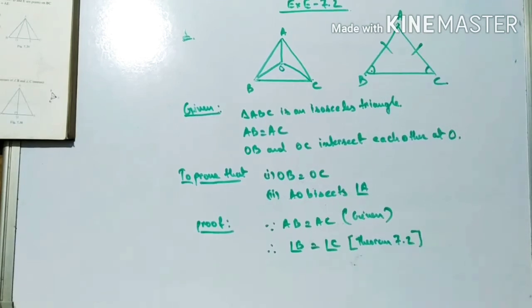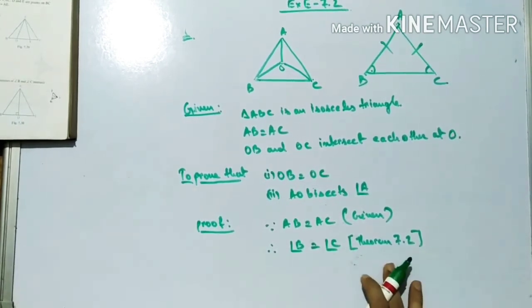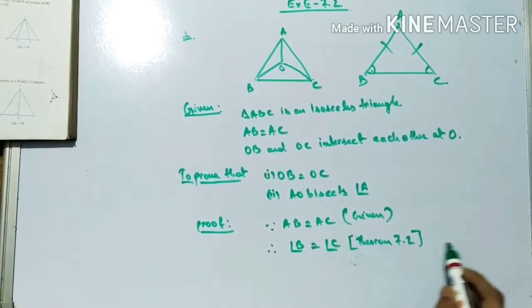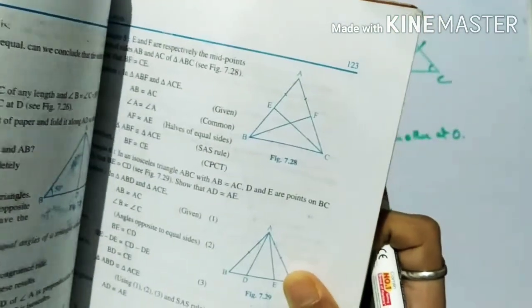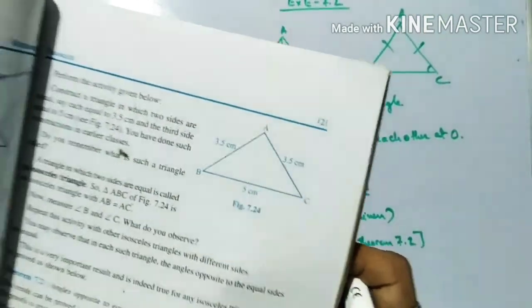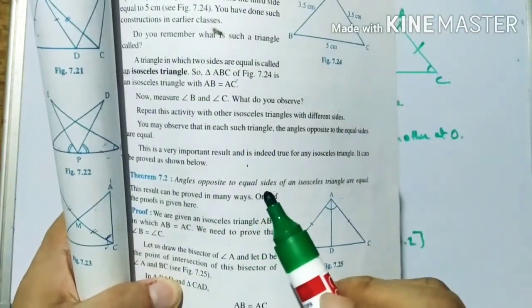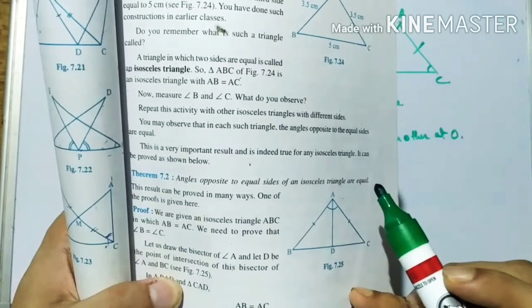One thing I want to say is that in the note I have given it this way, theorem 7.2, but in the exam hall you will have to write the whole theorem. Theorem 7.2 reads: angles opposite to equal sides of an isosceles triangle are equal.